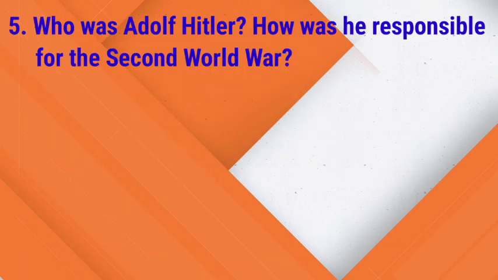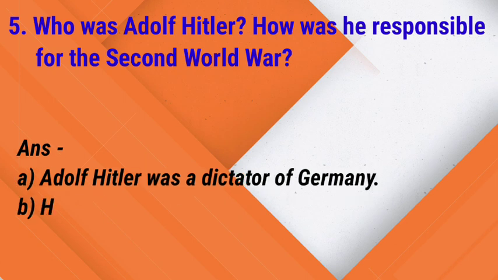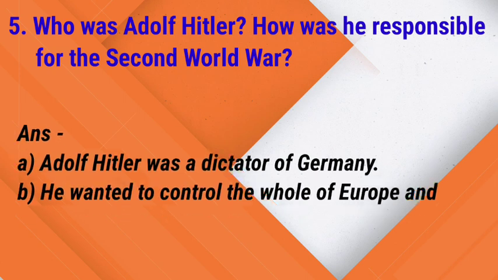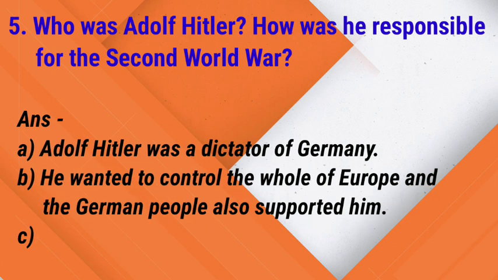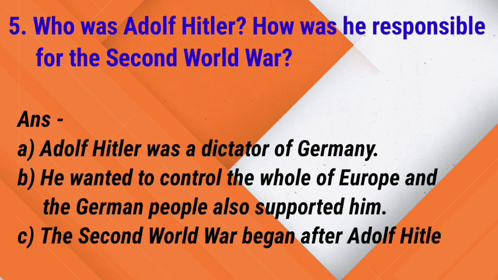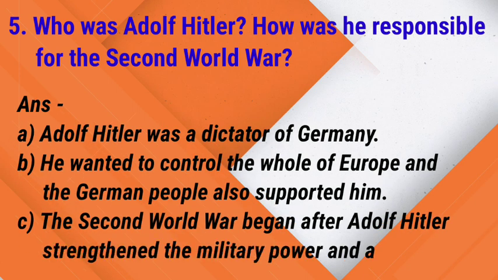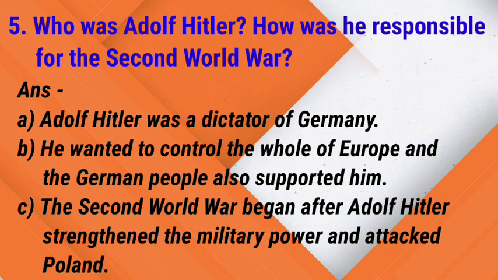5. Who was Adolf Hitler? How was he responsible for the Second World War? Answer. A. Adolf Hitler was a dictator of Germany. B. He wanted to control the whole of Europe and the German people also supported him.